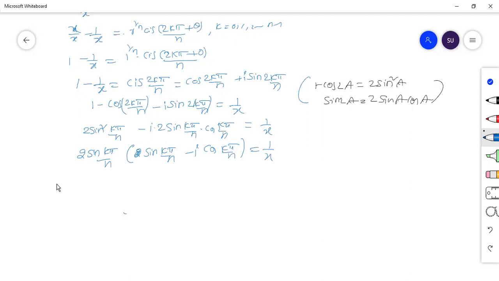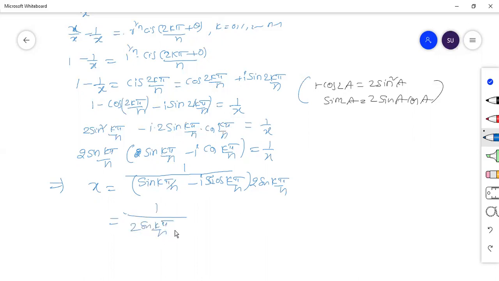But we need x. So take the reciprocal, that is 1 by 2 sine kπ by n into 1 by (sine kπ by n minus i cos kπ by n). Correct? Here 1 by 2 sine kπ by n, keep it like that, using the rationalizing factor.